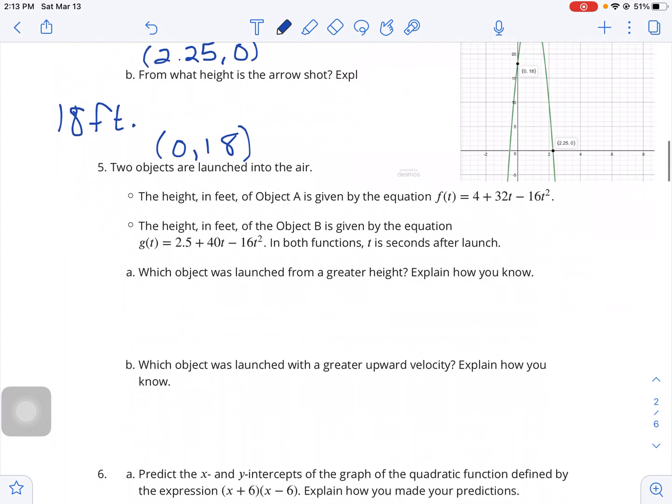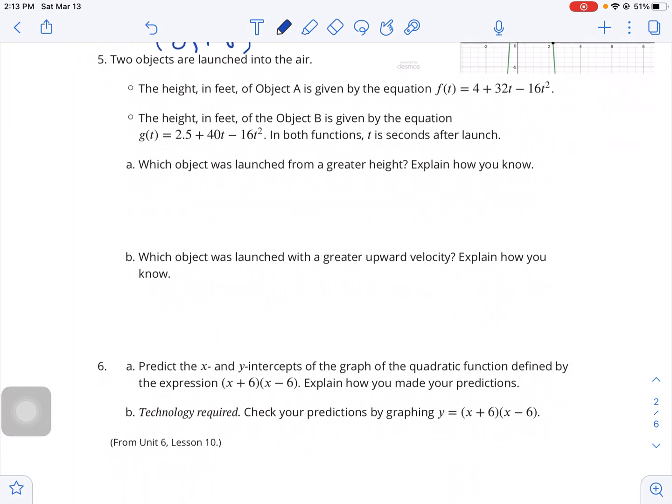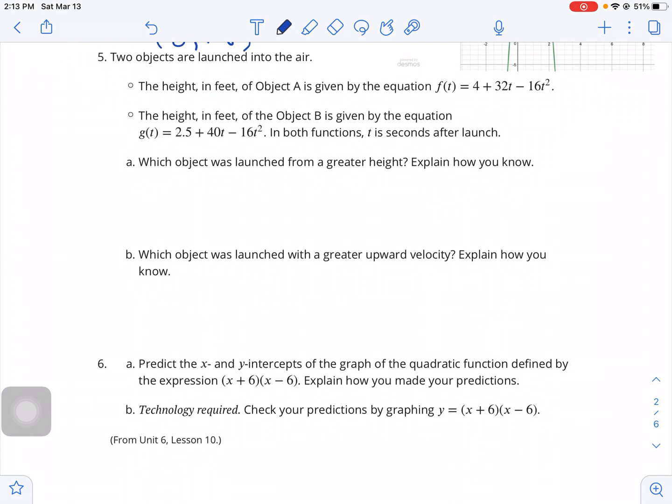So the next one here, we've got two objects, object A and object B. We shouldn't have to graph these to answer these questions here. Two objects are launched into the air. Object A is given by this function, and object B is given by this function, g. So which object was launched from a greater height?